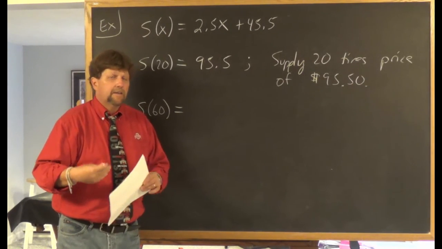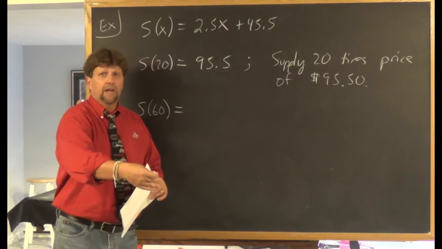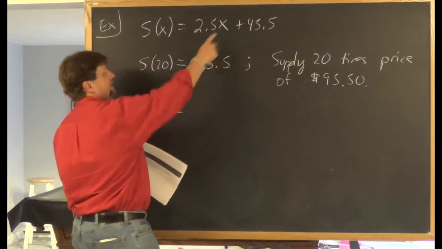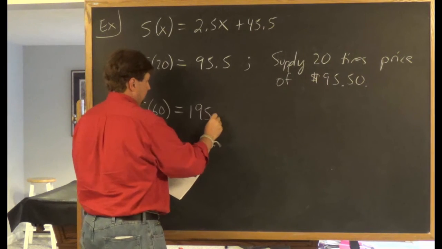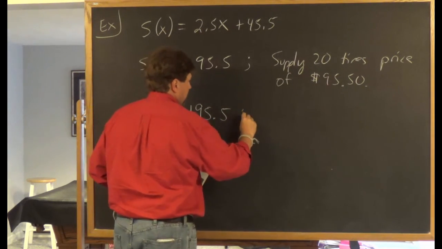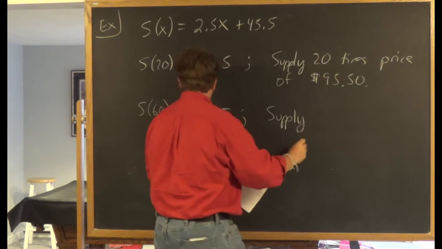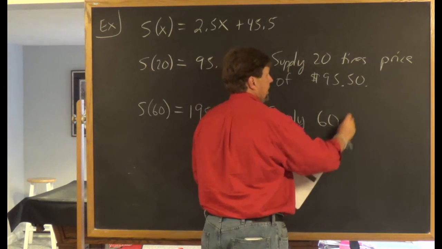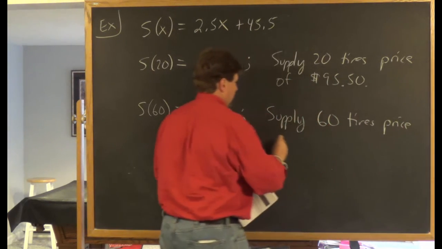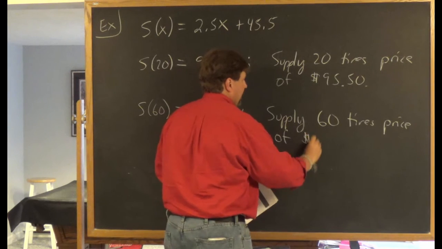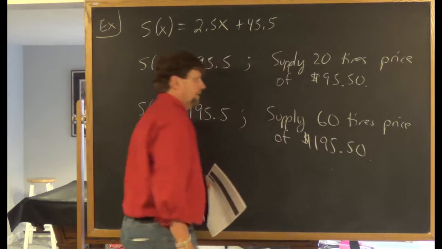Think about it: if the price is higher, the supplier will want to supply more of them. If we put 60 in for x, what comes out is 195.5, which tells us the supplier is willing to supply 60 tires where the price of each tire is $195.50.